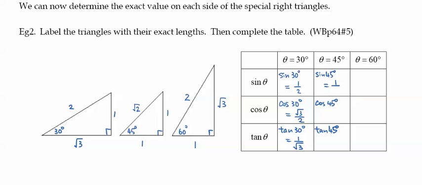So that will give us 1 over root 2, 1 over root 2 again, and we look at that one, tangent 45 equals 1. Sine 60, cosine 60, and tangent 60.